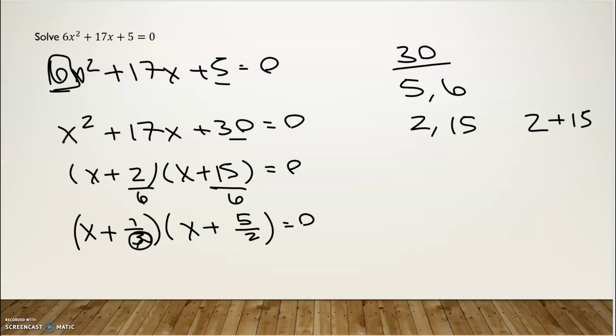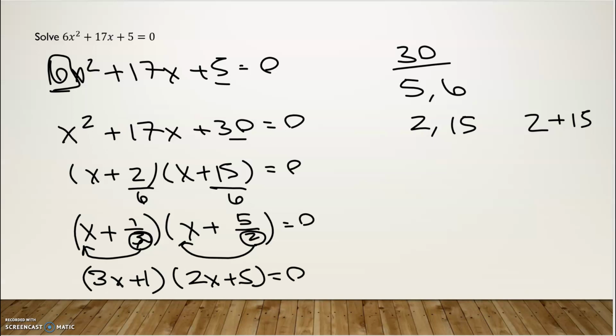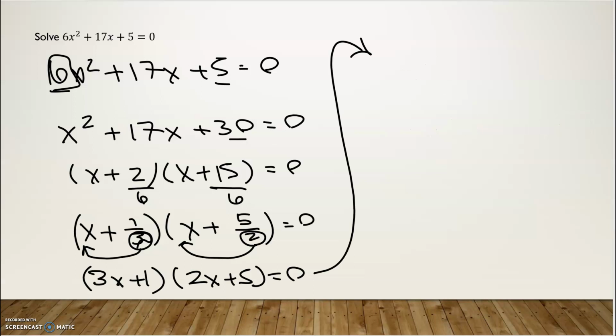And I'm going to move these bottom terms to the front here. So I'll get 3x plus 1 and 2x plus 5 is equal to 0. Okay, use your zero product property. So 3x plus 1 is equal to 0, or 2x plus 5 is equal to 0, and then solve for x for both of them.